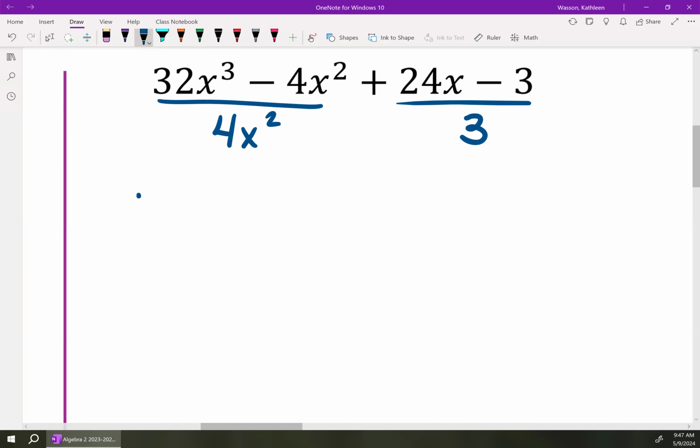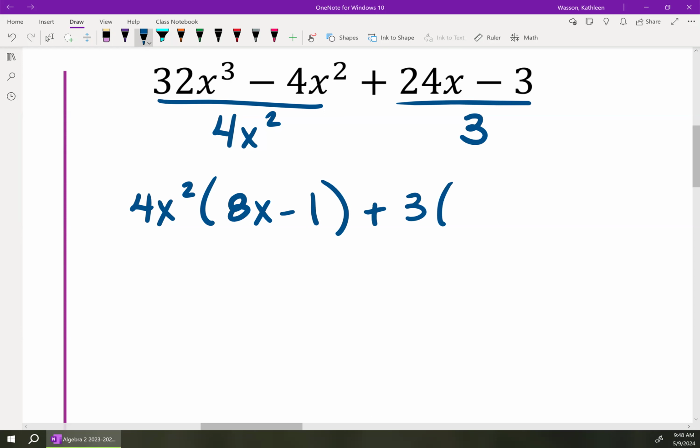I can rewrite this as 4x squared times, I'll go ahead and simplify the fractions for this first group. That leaves me with 8x minus 1. And then I add 3, the greatest common factor for the second group, and reduce by dividing by 3. So that gives me 8x minus 1.